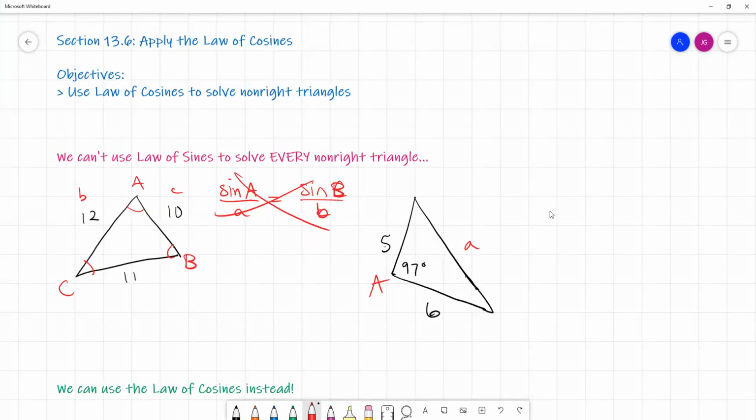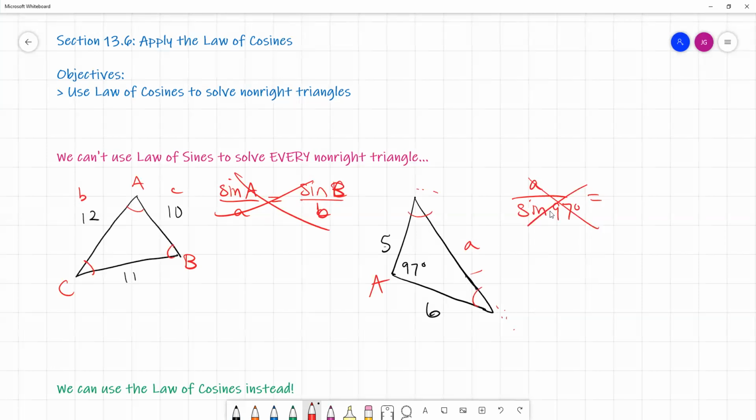So side a divided by sine of angle A. In this case, I know that 97 degrees. I would have to pick either b over sine B or c over sine C. But again, I wouldn't be able to do that because I don't know either of the other two angles. And you'll end up coming across the same issue if you tried to solve for one of these angles. So we can't use law of sines in these cases.